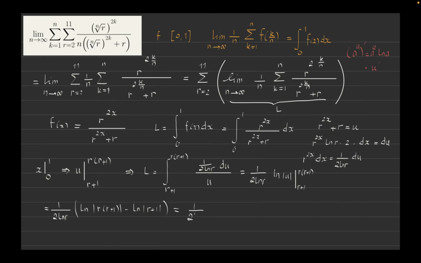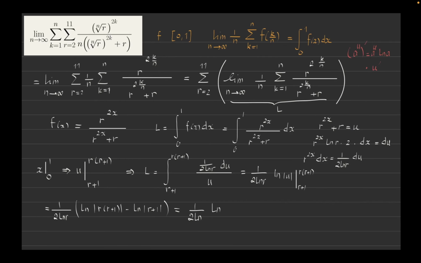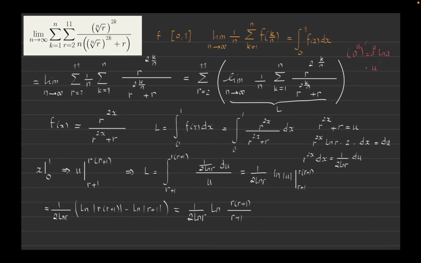I can use the property of ln and write this as ln of r times r plus 1 divided by r plus 1. Oh, I have forgotten to write r here. And now look what happens. This r plus 1 and that r plus 1 are gone, and what is left for me is just 1 over 2 ln of r multiplied by ln of r, simply 1/2.